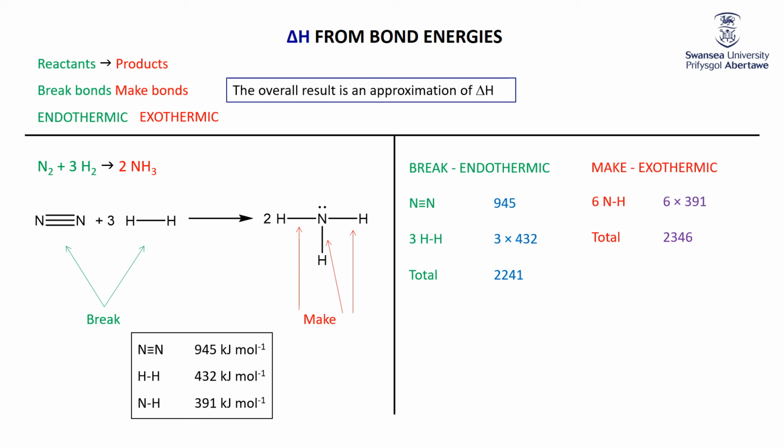So energy-wise, we have to put in 2,241 kilojoules to break all the bonds needed, but we get back 2,346 kilojoules when we make those bonds. So the delta H is 2,241, which we put in, that's positive, minus 2,346, the energy we get back out. An approximation for this reaction, and it's an approximation because we're using average bond energies, is minus 105 kilojoules.